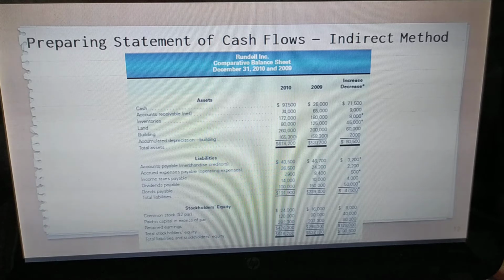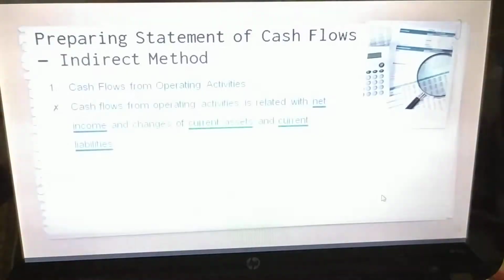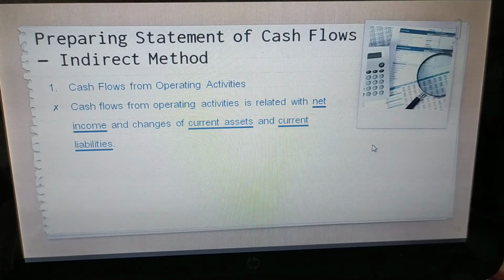So the difference is an 8,000 decrease because it is lower than last year, and so on until the retained earnings. So we go on for each activity.